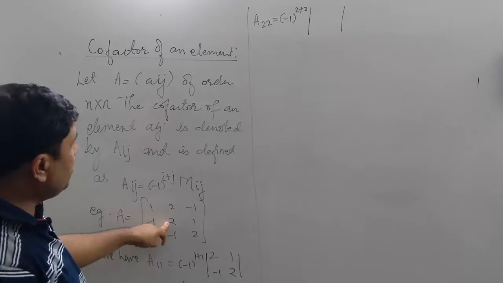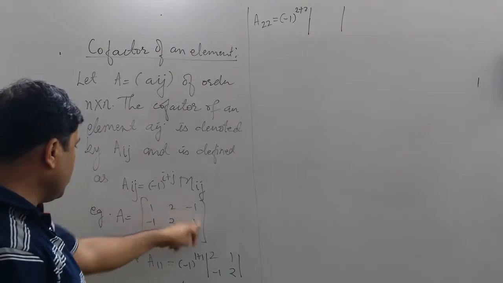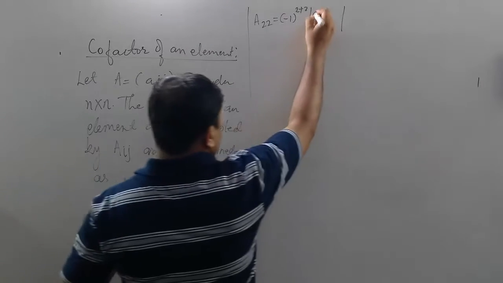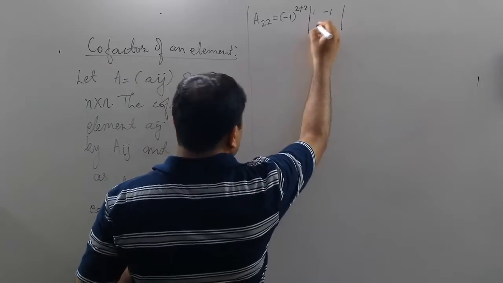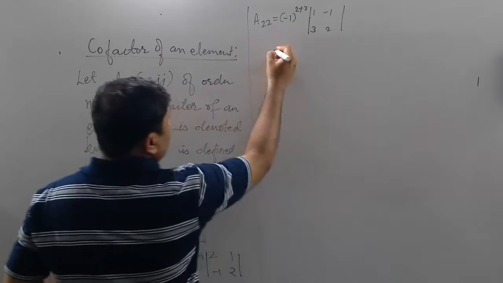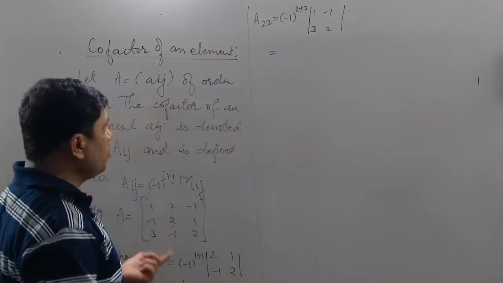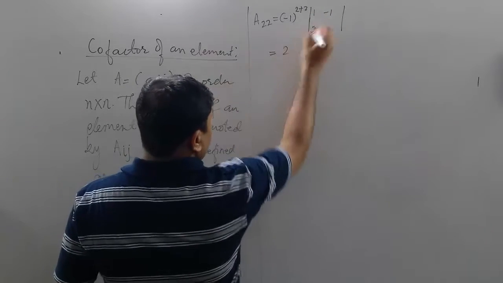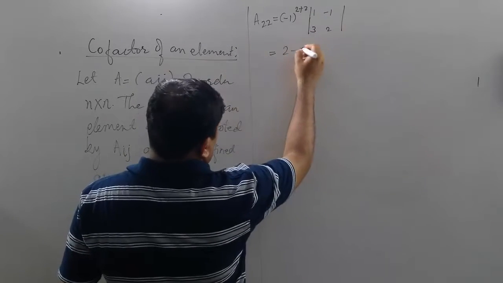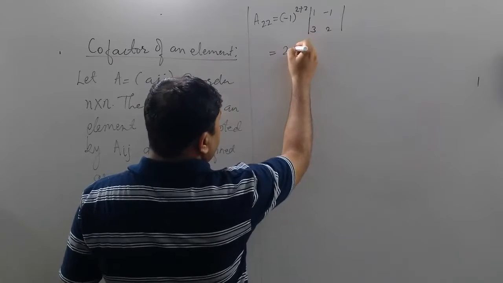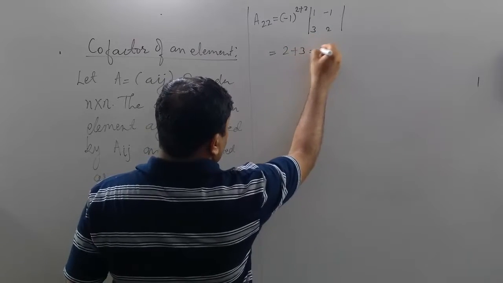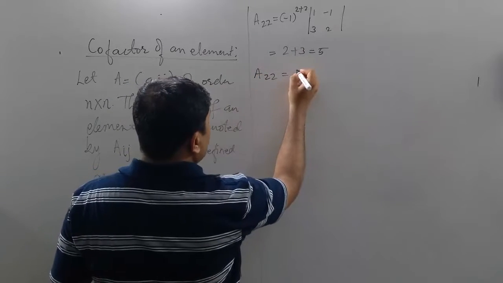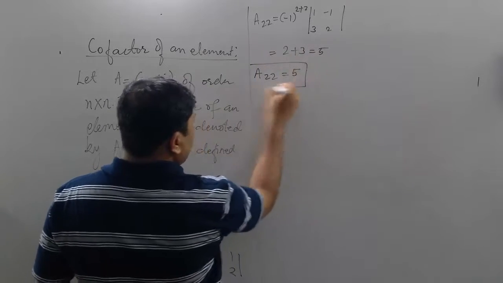So, we have to delete the second row and second column, and I have the determinant 1, minus 1; 3, 2. Minus 1 raised to 4 is going to be 1, and hence we will have 2 and 3 into minus 1, minus 3 minus, so it will become plus 3, and you will have 5. So, we get the cofactor of this element is equal to 5.